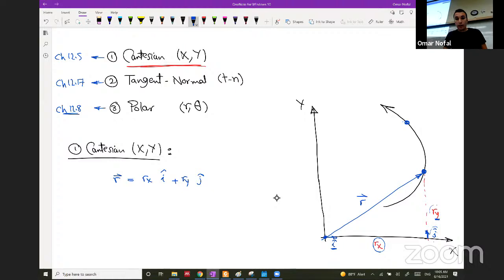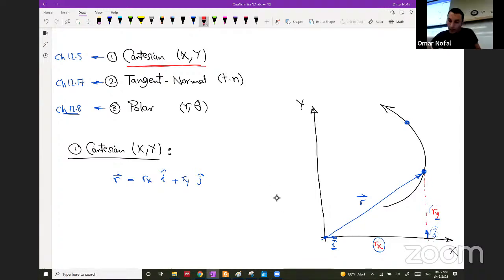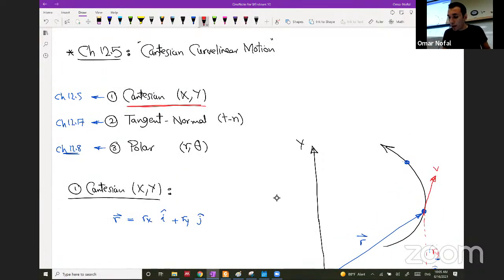And for the velocity, as I told you before, the velocity is always tangential to the path. So let's say that this is V, and V could also be written in Vx and Vy.